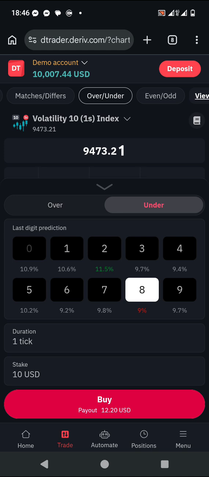Another thing, these are the other conditions. For you to trade this strategy, make sure that the red appearing digit is 1 and the green appearing digit is also 1, and that neither should be on digit 8 or 9. Also, make sure the red appearing digit is on the lower digits, which are from 5 to 9, and the green appearing digit is on the upper digits, which are from 0 to 4.